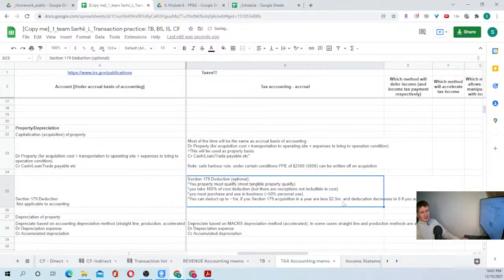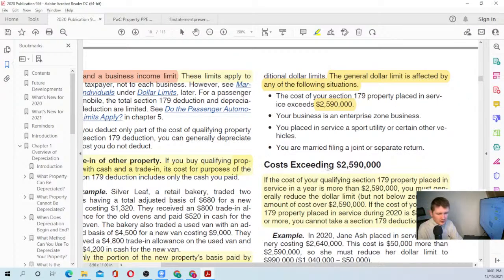Okay, so it's a good deduction for small business, but if you are big business, that's generally not reachable for you. You cannot do that.